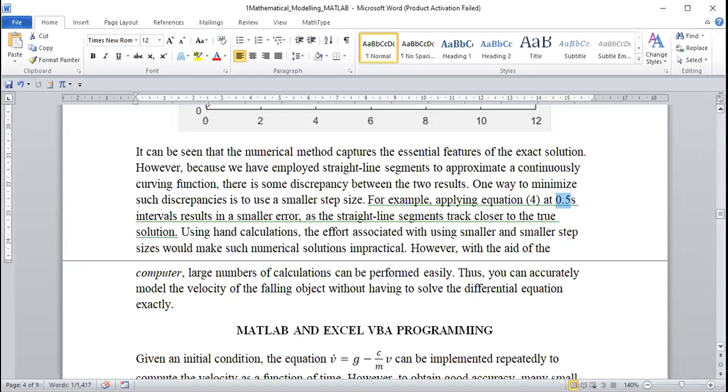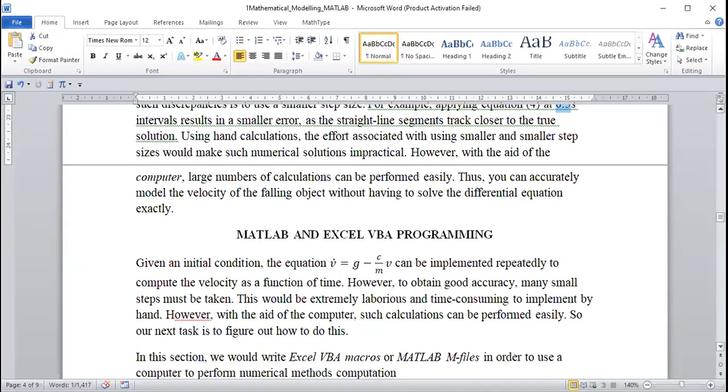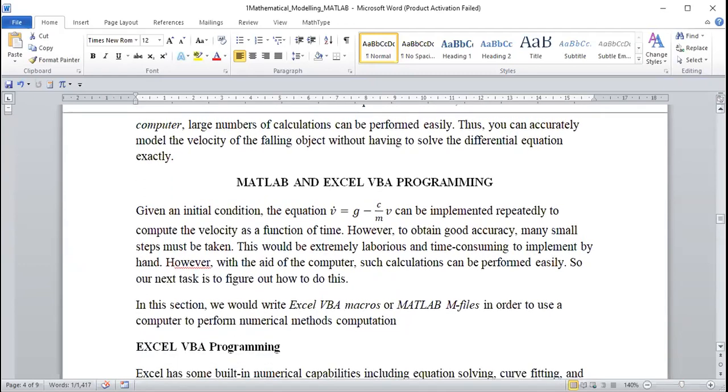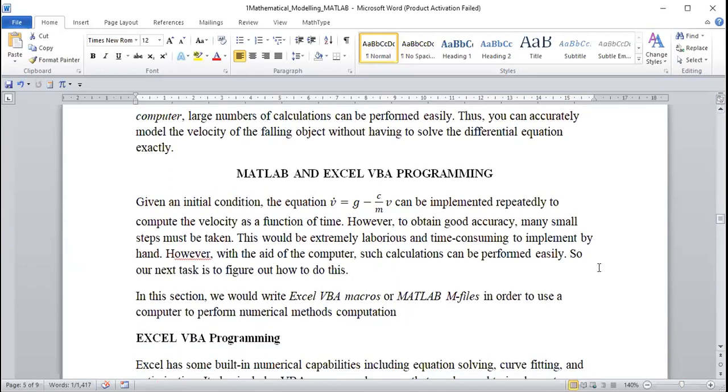So we are going to be using a computer, and we are going to be using MATLAB and Visual Basic programming to do this. I'm going to be illustrating how to solve the model that we solved by hand previously. Now we want to use a computer to help us do it. So when I finish the example, you're going to understand.